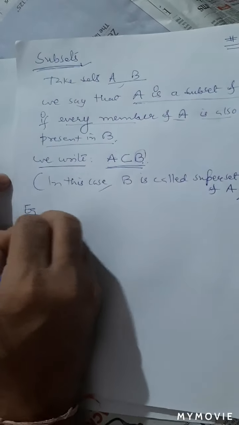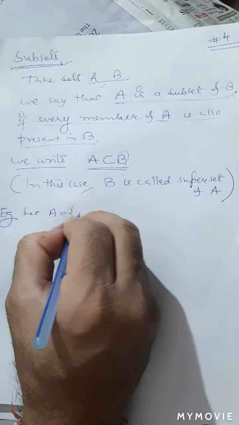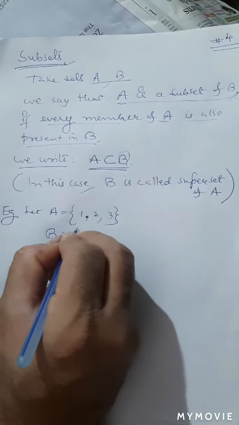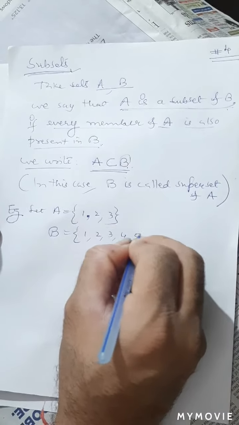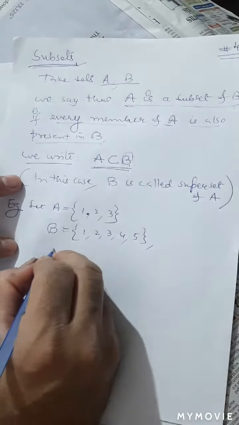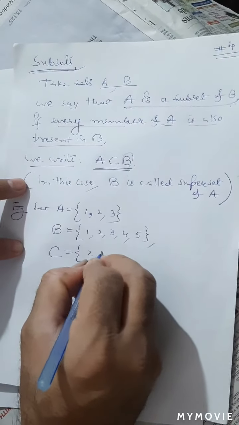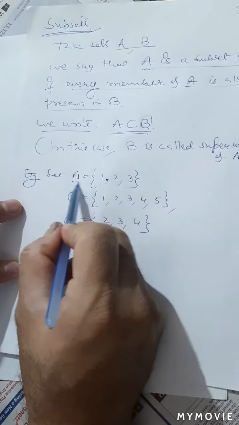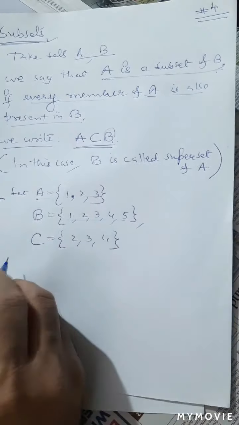Like this, for example, let's take A equals 1, 2, 3, and I'll take B equals, for example, 1, 2, 3, 4, 5. I'll take C equals, for example, 2, 3, 4. So about these three sets, every member of A is in B. 1 is here, 2 is here, and 3 is here.